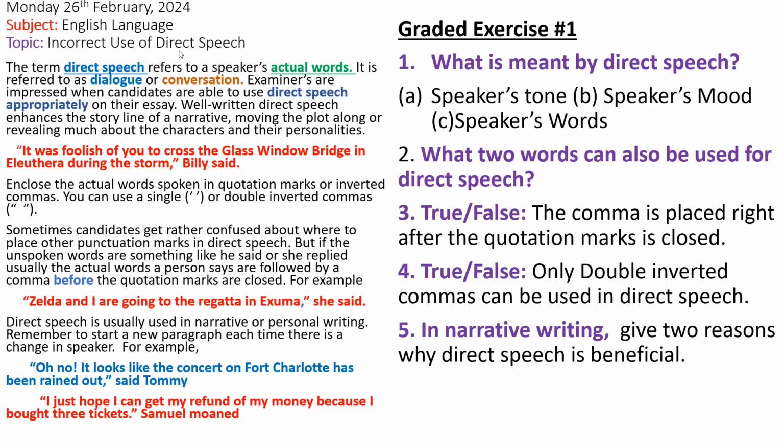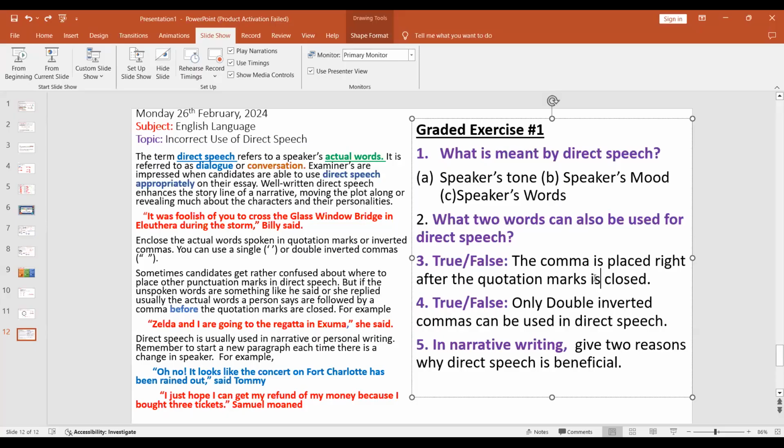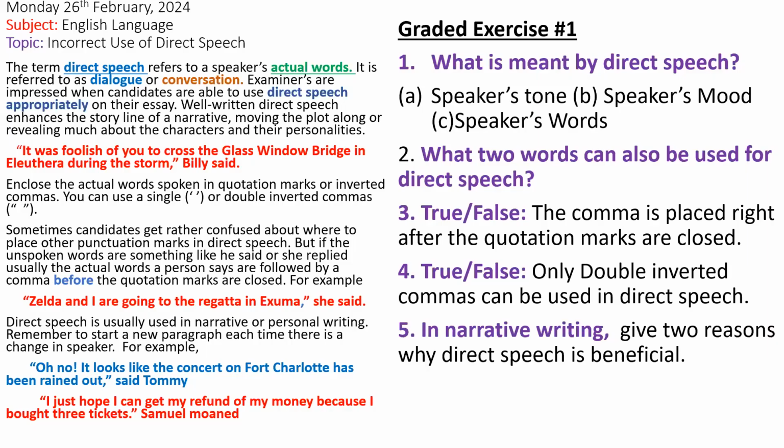What two words can also be used for direct speech? True or false, the comma is placed right after the quotation marks are closed. True or false, only double inverted commas can be used in direct speech. And number 5, in narrative writing, give two reasons why direct speech is beneficial.